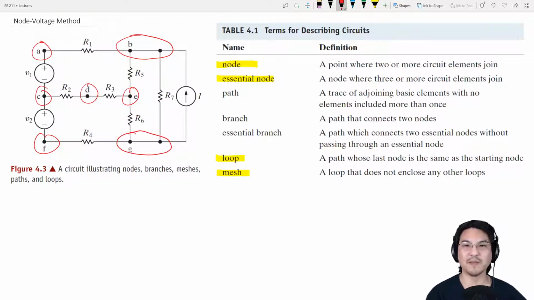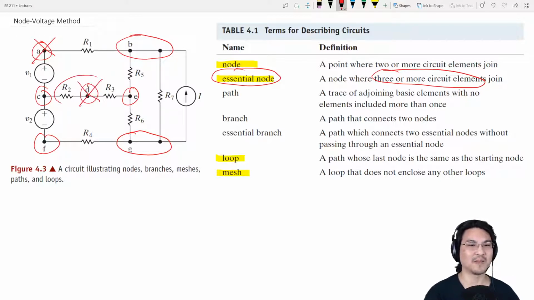Now let's focus our attention on essential nodes, where there are 3 or more elements connected. So node A is not, B yes, C yes, D no, right? D is connecting only 2, E yes, F no, G yes.